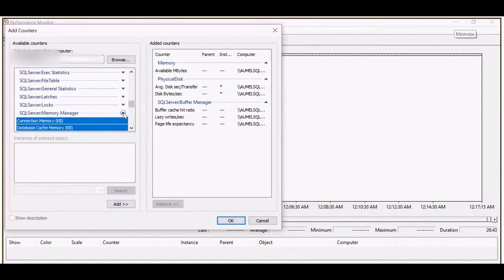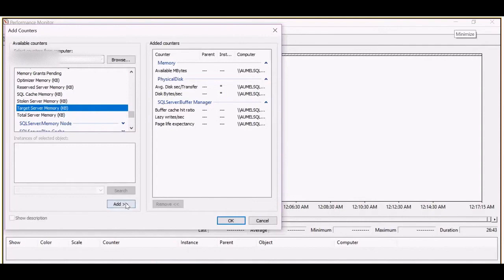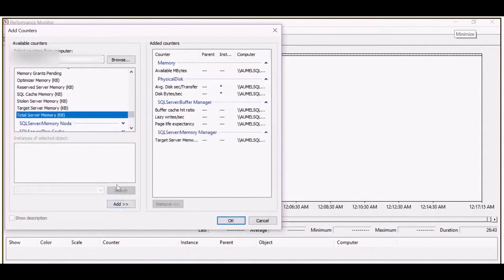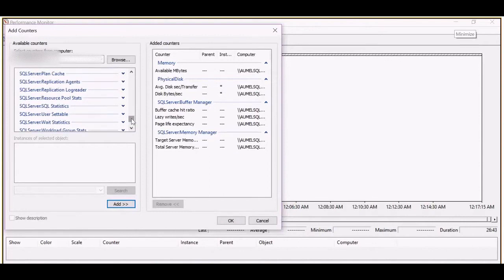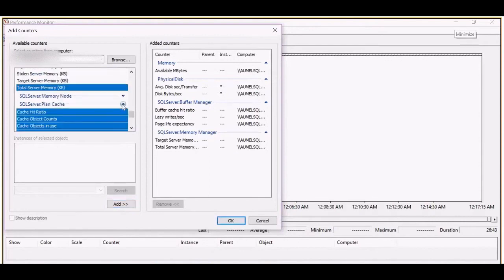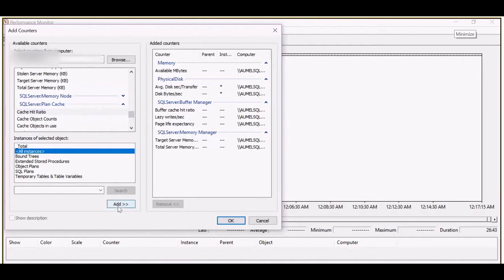Memory manager: we're going to get the bottom two, which are target server memory and total server memory. Another good one I like to look at is the plan cache, the cache hit ratio, and I usually say all instances.